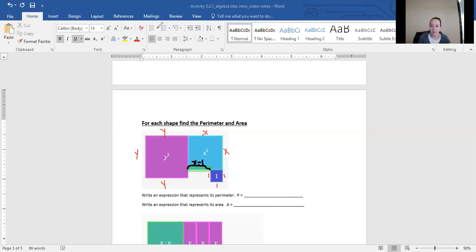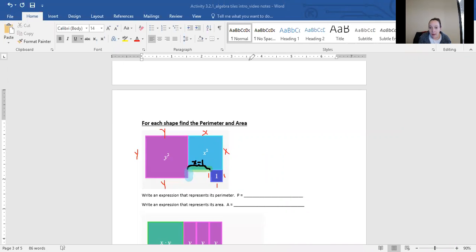All right, so let me do another color here. Let's do blue, this guy. And again, now I have to figure out this little guy right there.